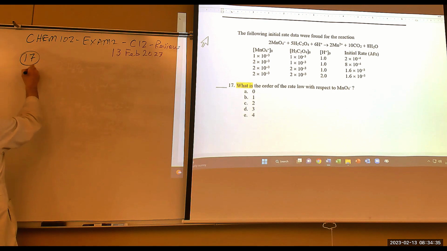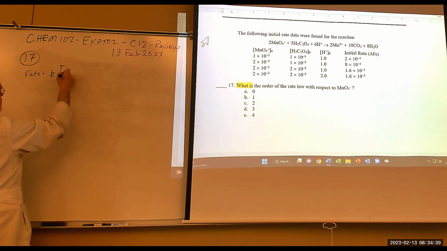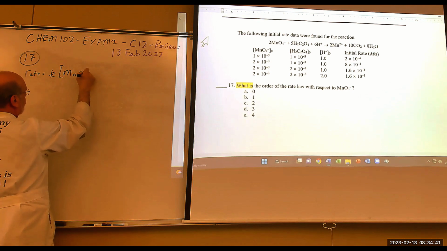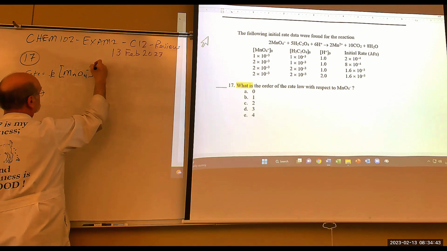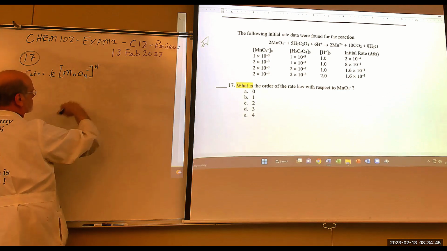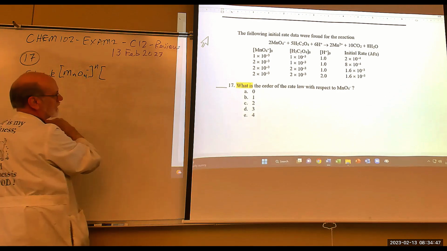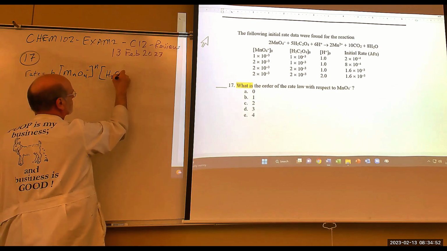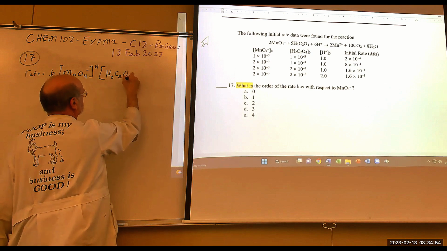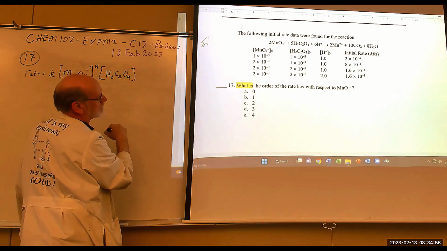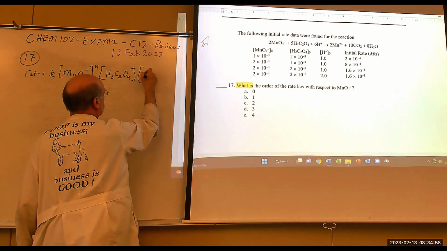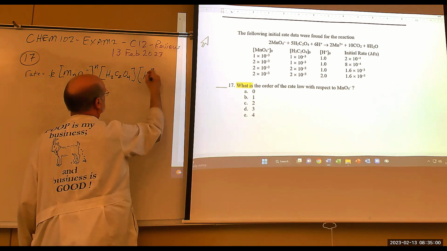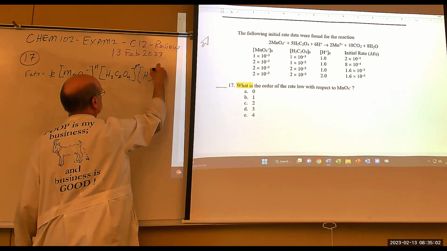So the rate is equal to k times MnO4 minus to some power. And then we have the next term, which is H2. We did this one in class, didn't we? And then hydrogen. And this is m, and we made that p.